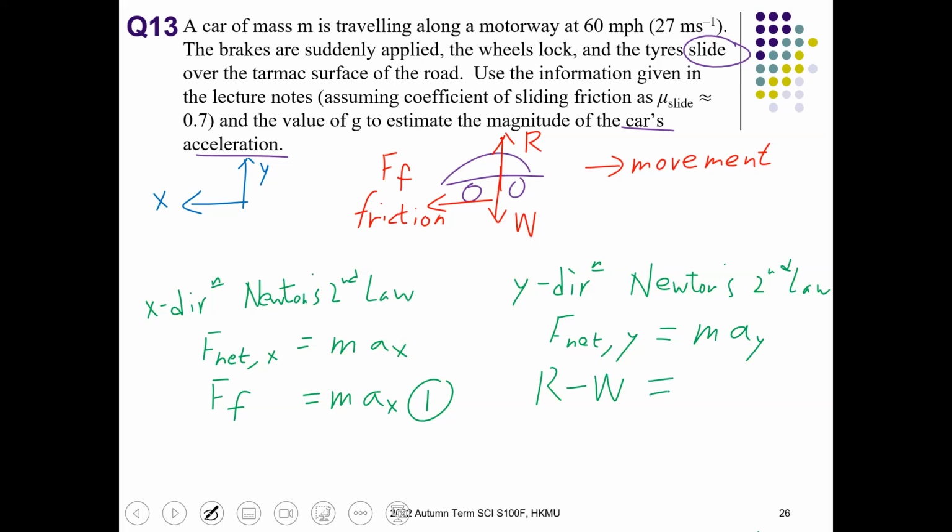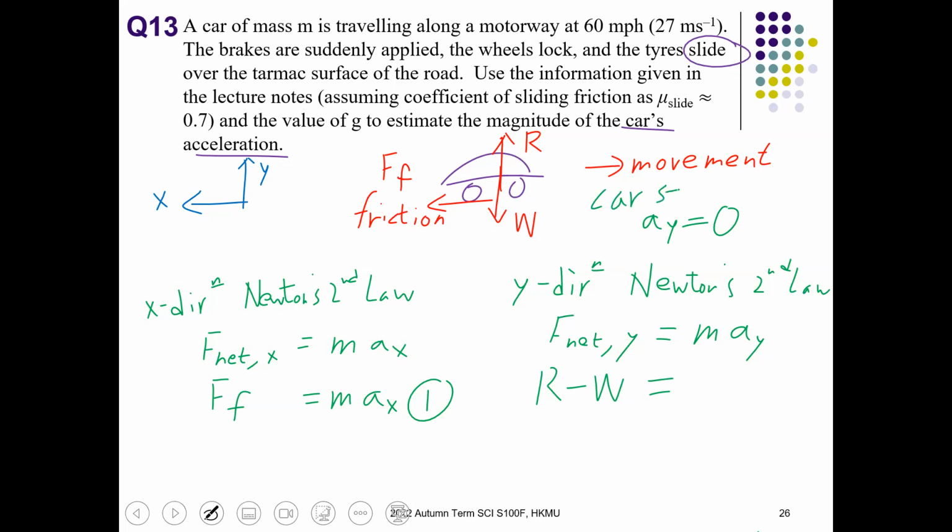On the right-hand side, we can simplify this equation, because when a car is moving horizontally, it should remain on the road or on the ground. Otherwise, the car may fly through the air. So in this case, we know the acceleration in the y direction should be 0.